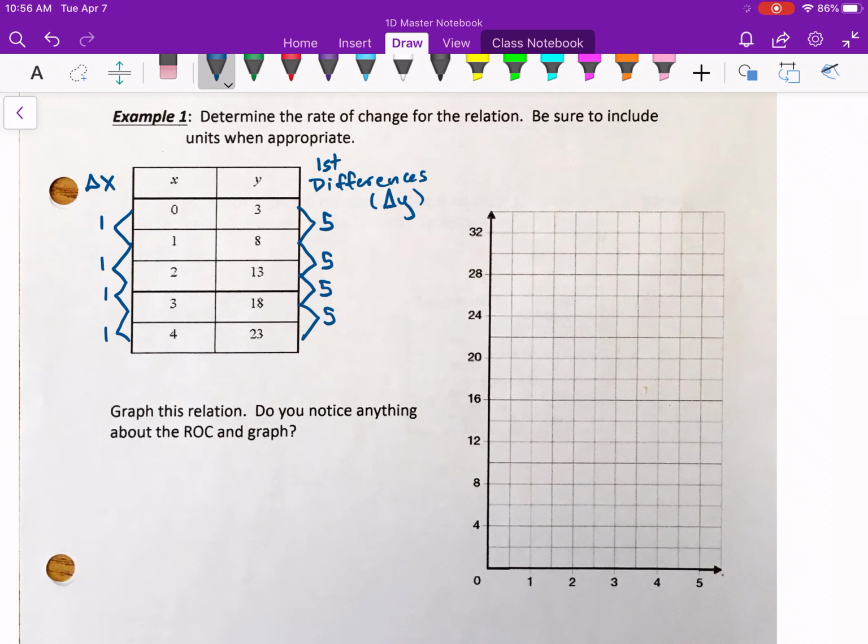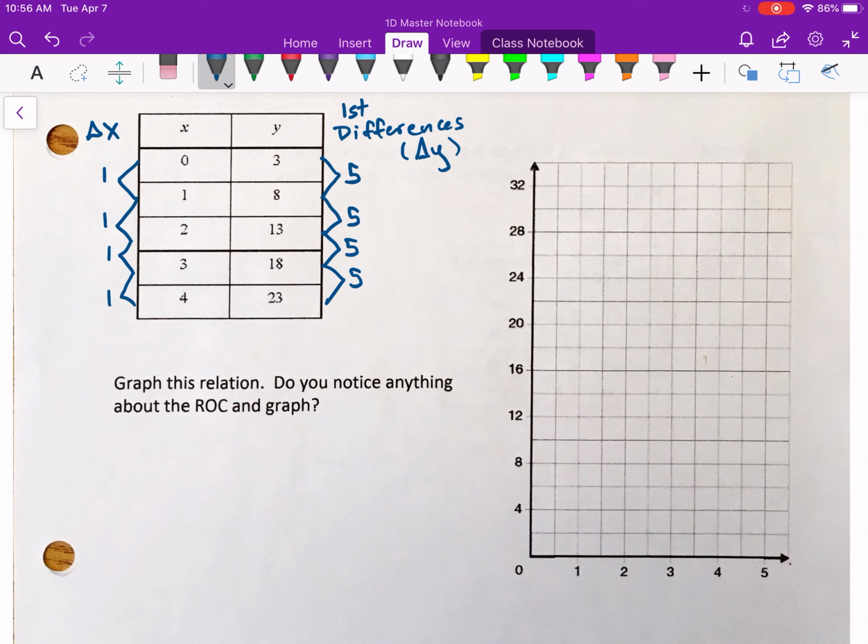Determine the rate of change. Okay, well, the rate of change, I'll do it down here. ROC, rate of change, equals delta y divided by delta x, or change in y divided by change in x. So the y's are going up by 5 each time. The x's are going up by 1. So the rate of change is 5. So that gives us an idea of how fast one variable, the y's, is changing in relation to the x's.